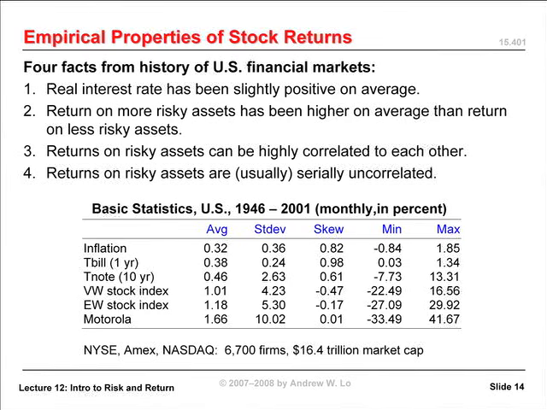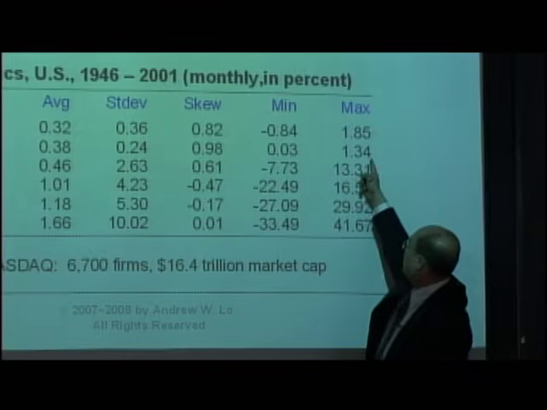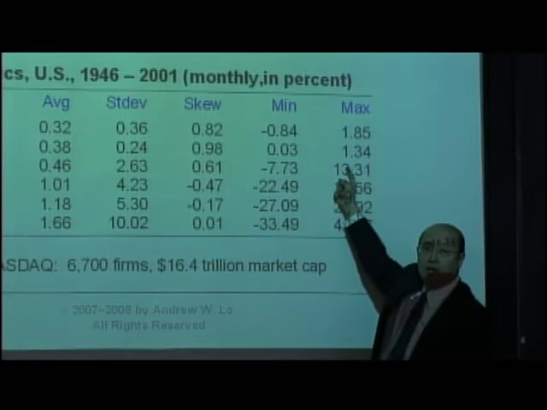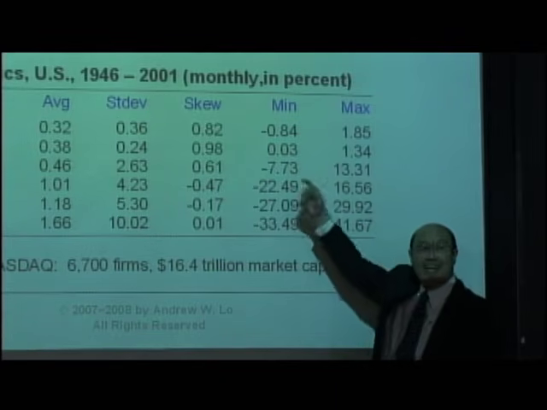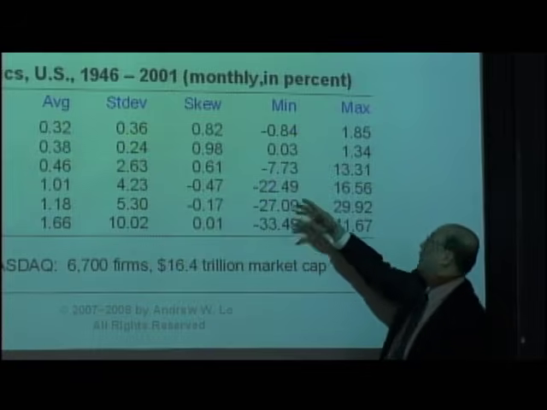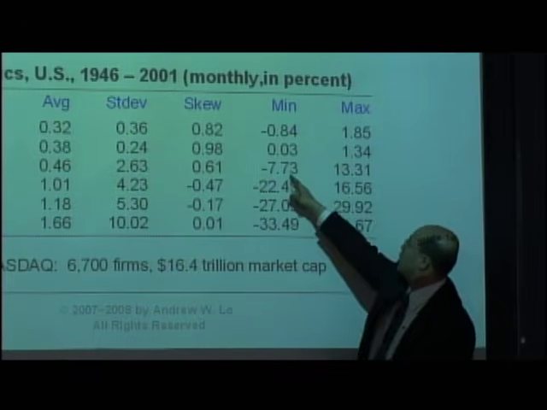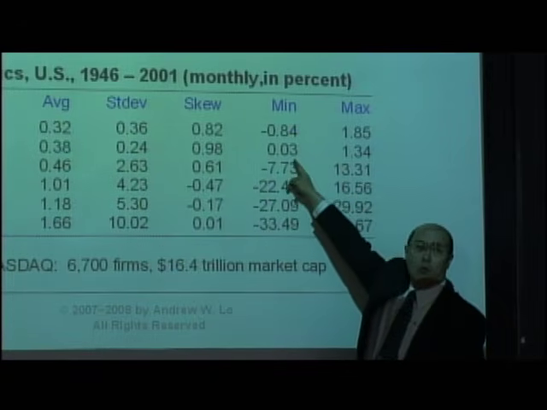The other thing that I want you to see is something along the lines of the minimum and the maximum. This is another way of representing the riskiness of the security. So T-bills are bounded between 0.03 and 1.34 in terms of their return, a very narrow band. Treasury notes, which are 10-year instruments, obviously are going to be swinging around much more than a one-year T-bill, right?